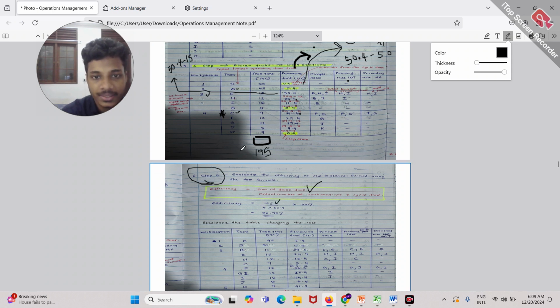Actual number of workstations. How many workstations? There are four workstations, right? And the cycle time, multiply by 100%, right? 96.72 is the efficiency here, right? So this is the line balancing.